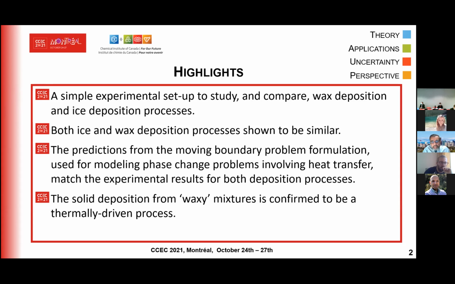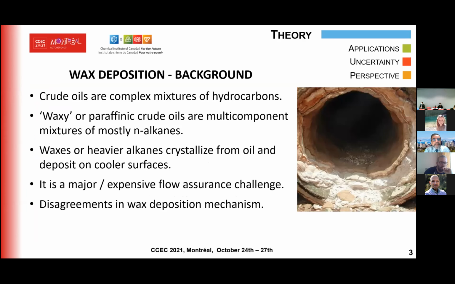We will use that approach for both systems, and we'll show that both systems are well modeled by this approach. And then we will conclude that the solid deposition from waxy mixtures is also a thermally driven process, which is very important.